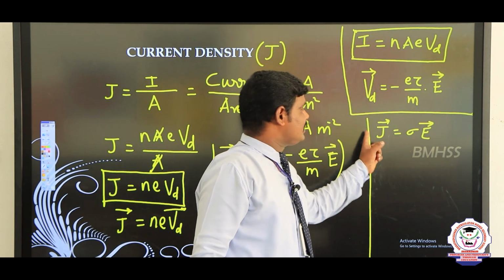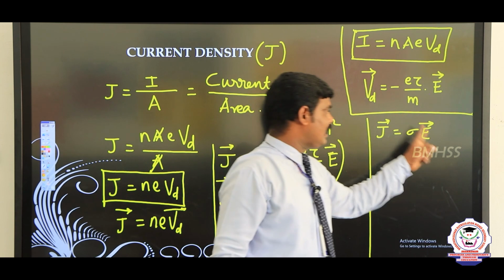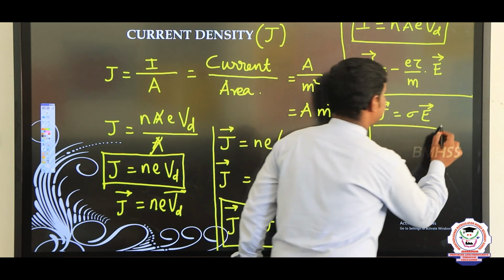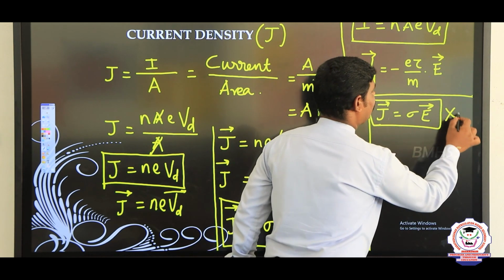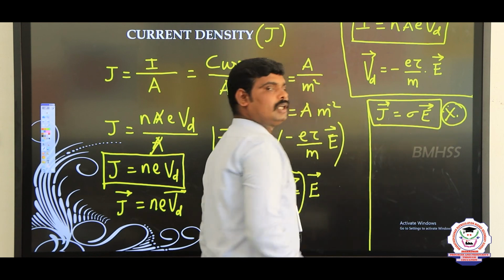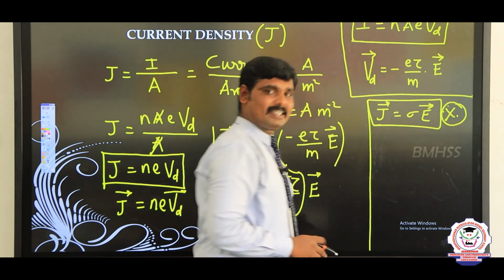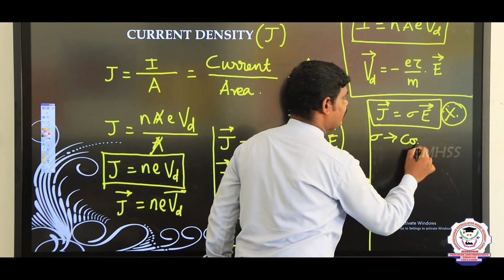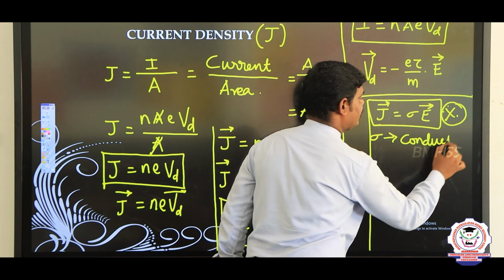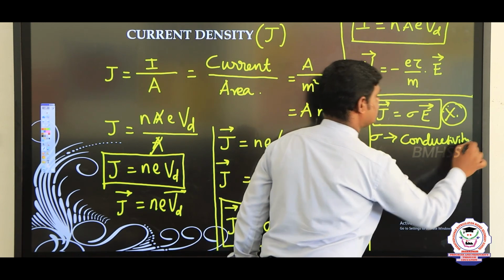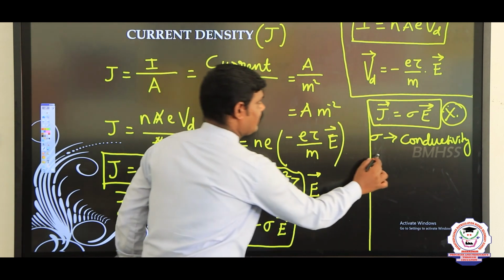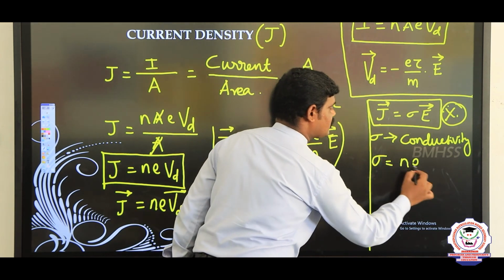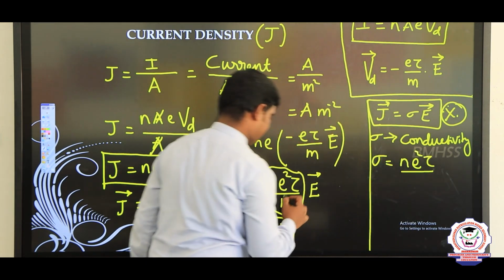This is the relation between current density and electric field. So this is the microscopic form of Ohm's law, your important formula. Here sigma is nothing but conductivity, and sigma is equal to n e square tau by m.